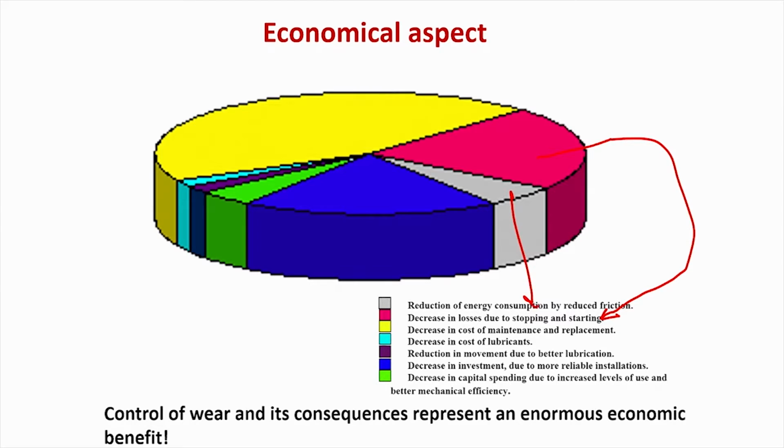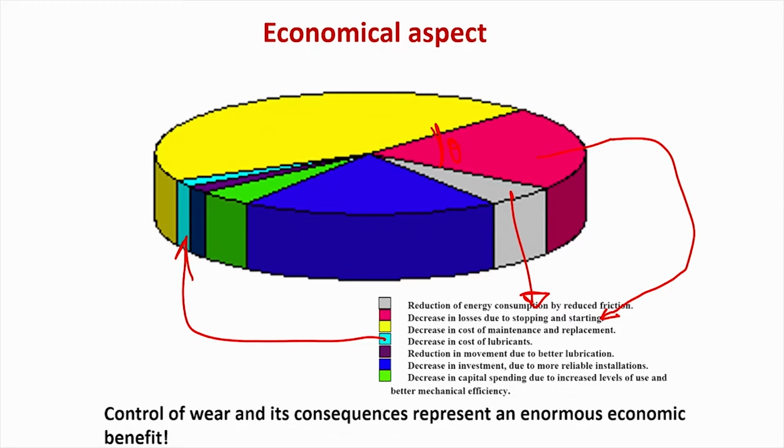This one is directly related to reduction in energy consumption by reduced friction, and this one is related to the decrease in the cost of lubricants. From this particular angle, suppose it is theta, theta by 360 will determine the total fraction.